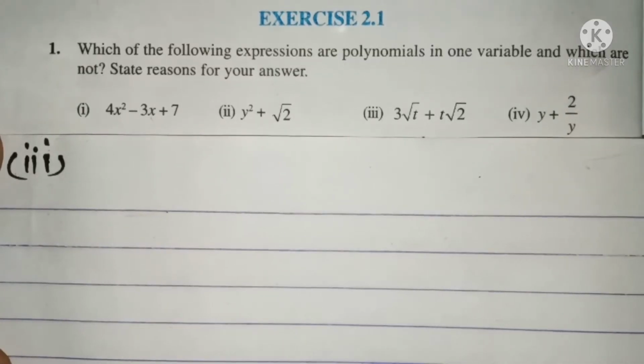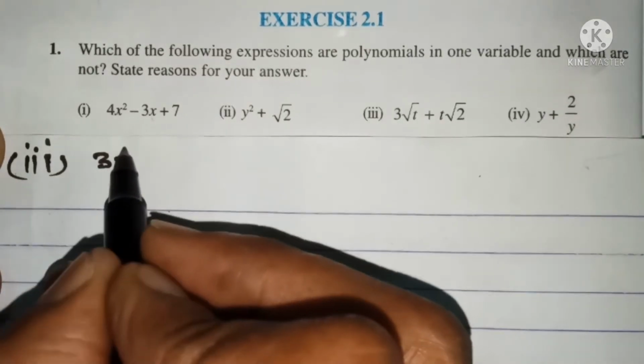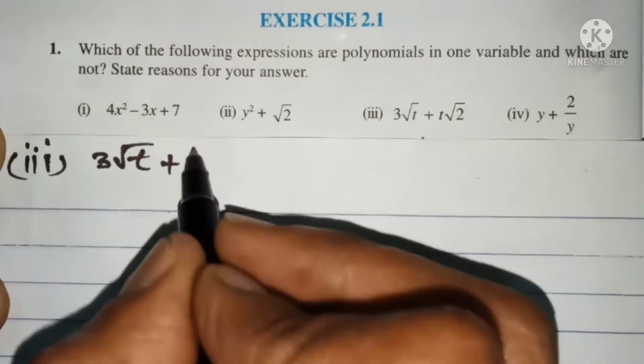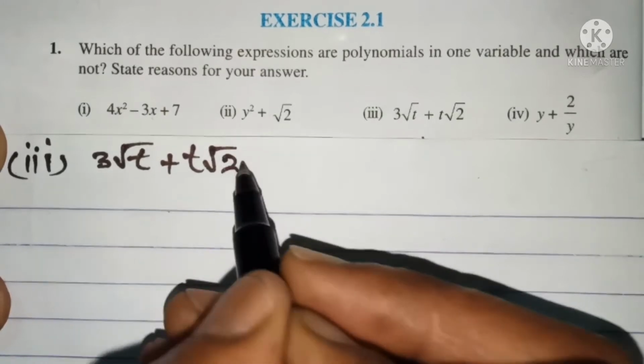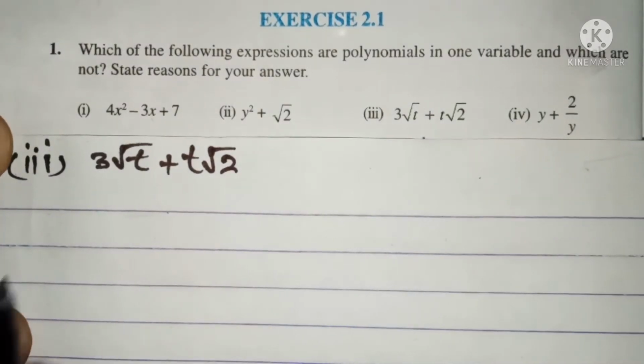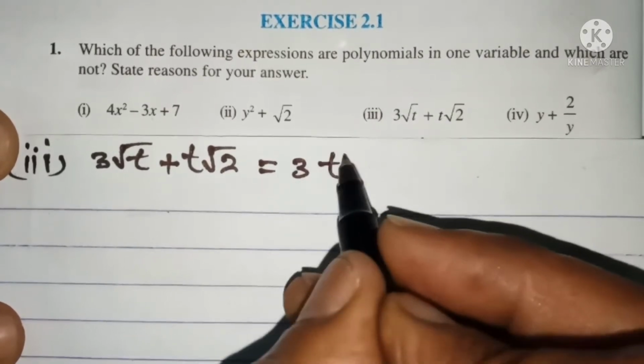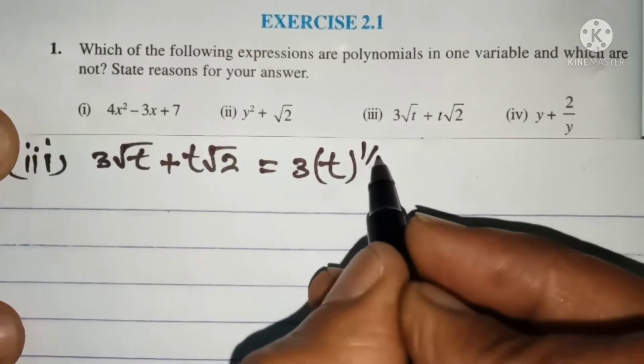Question number 1, third part, 3 root t plus t root 2. We can write this expression as 3 t to the power 1 by 2.